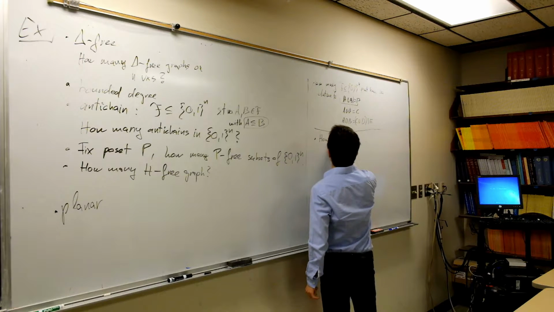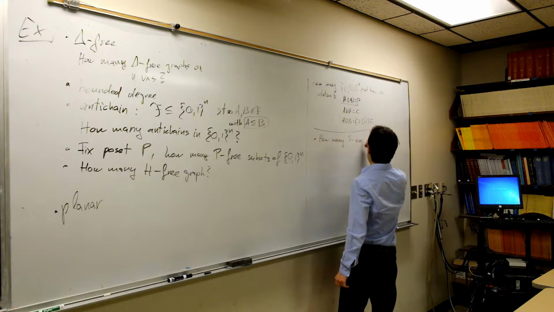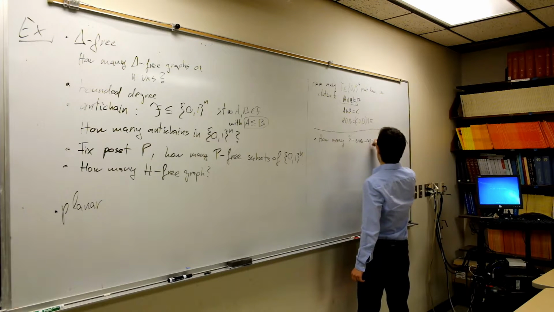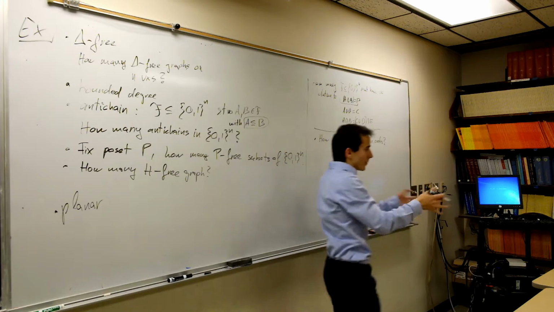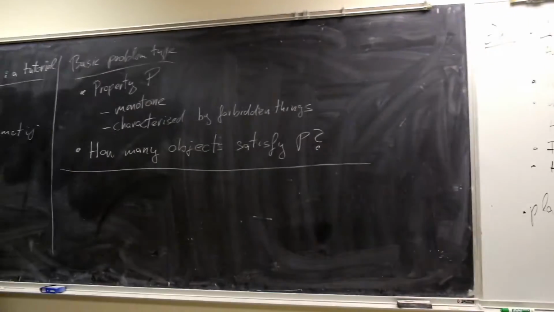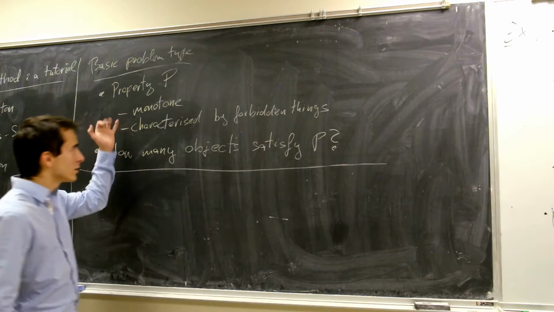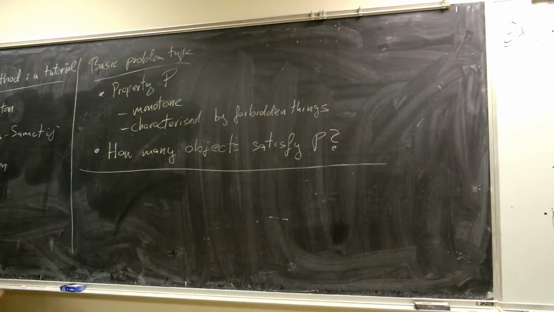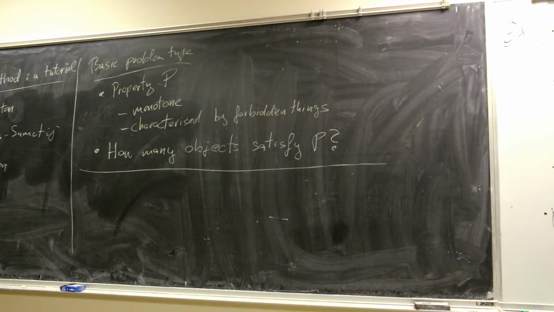One last example before I get to the planar one is error correcting codes. How many 5 error correcting codes are there on n bits, for example? So being an error correcting code is basically just being a subset of the Boolean lattice again, and it's also a monotone property because it just boils down to not having two code words at distance less than or equal to 10 from each other.